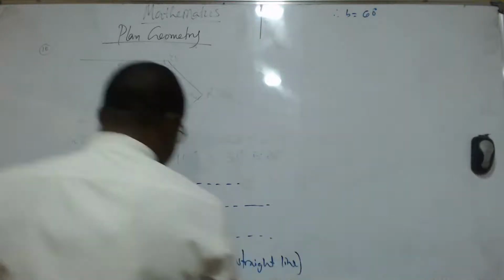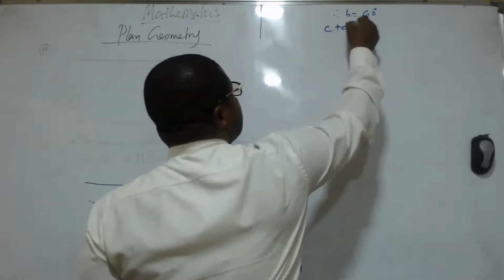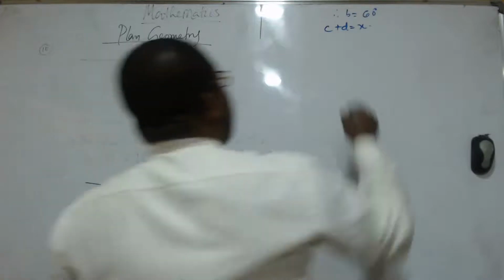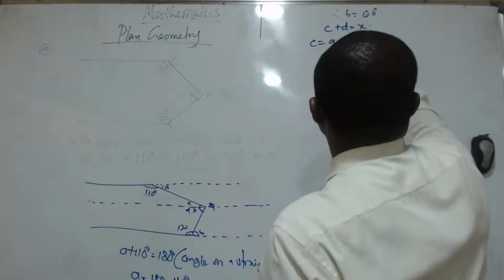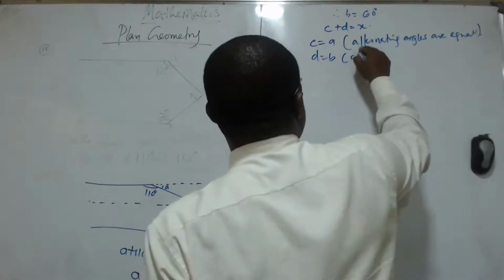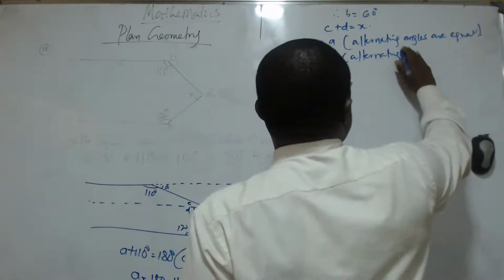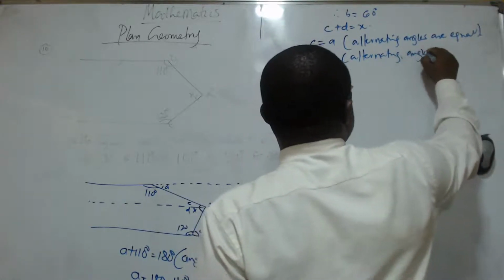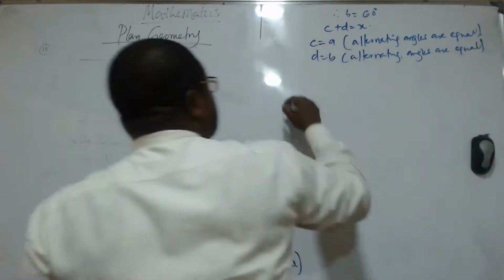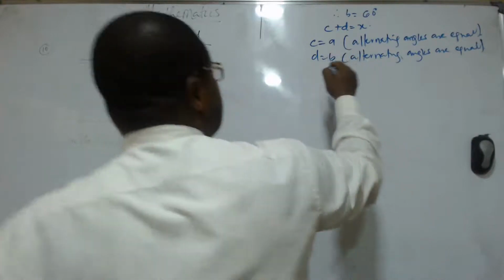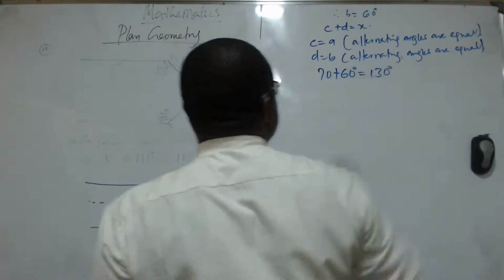Note, we have C and D. C plus D equals X. Our C is equal to A, reason: alternate angles are equal. So A is 70 plus B is 60, and that gives us 130.